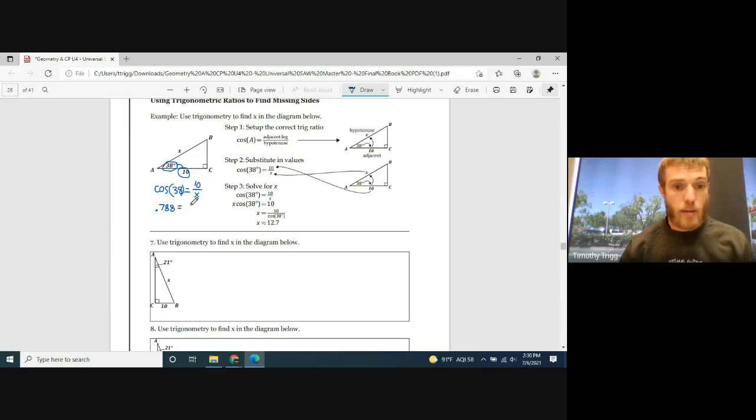And then we still have 10 over x here. Now what we want to do is solve for x. So we multiply by x on both sides of this equation. You always multiply by the denominator. So on the right side, we have 10. And on the left side, we have 0.788x.